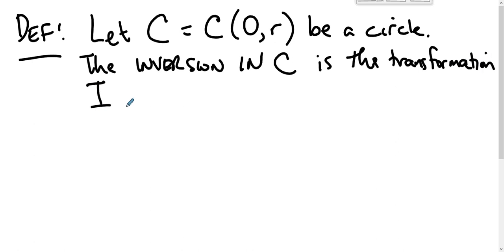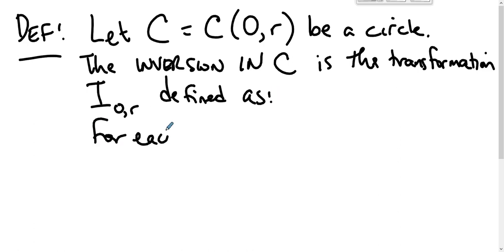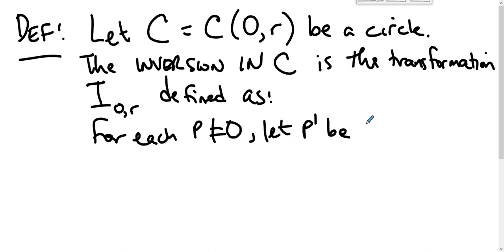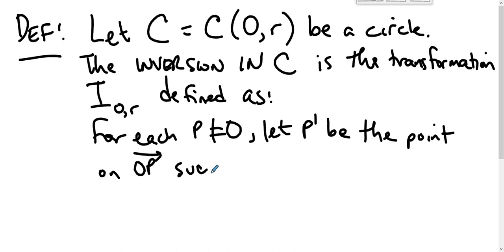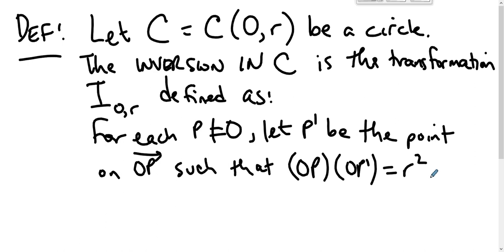We're going to call it I sub O comma R, defined as follows: for each P that isn't O, let P prime be the point on ray OP such that OP times OP prime is R squared.